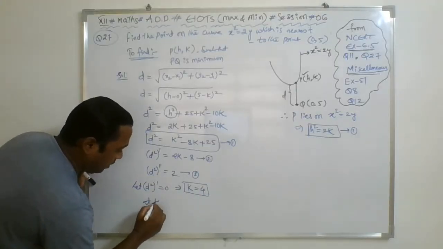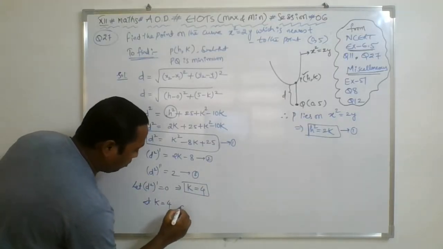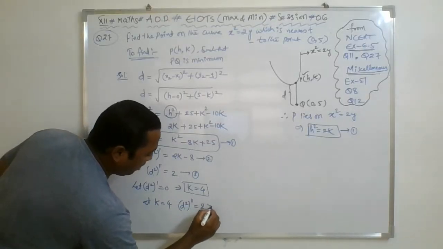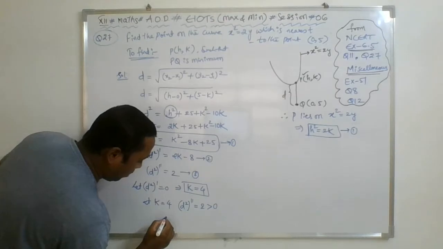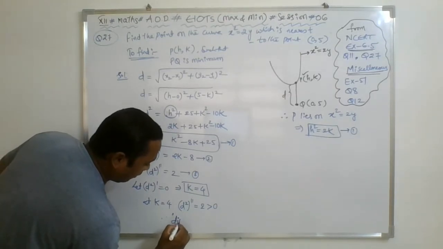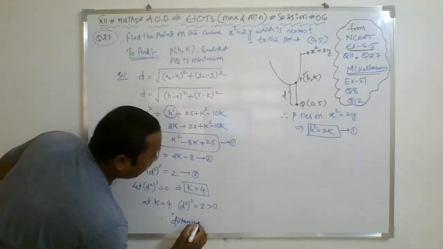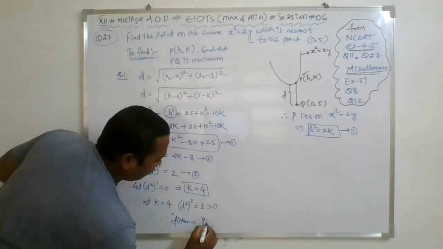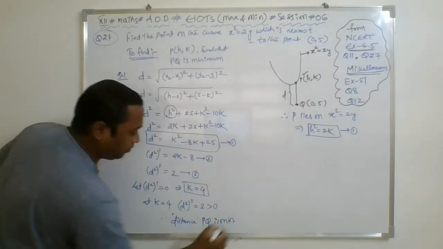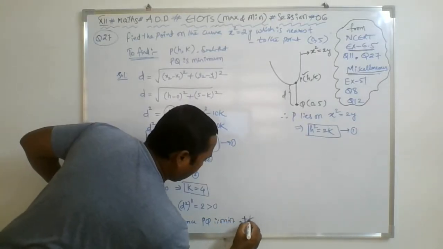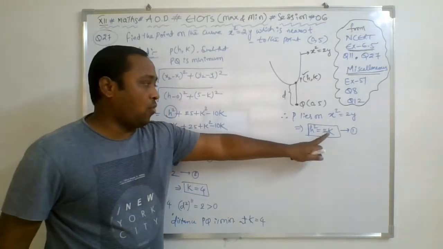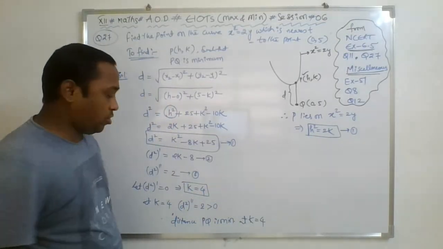At k is equal to 4, the double derivative remains the same, which is greater than 0. Therefore d, that is the distance PQ, is minimum at k is equal to 4. If k is 4, then what is the value of h?